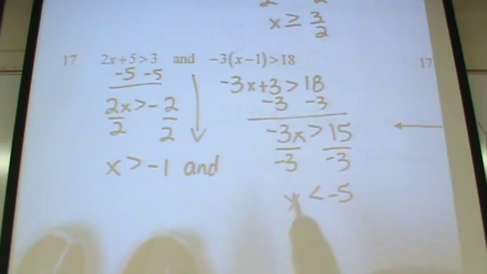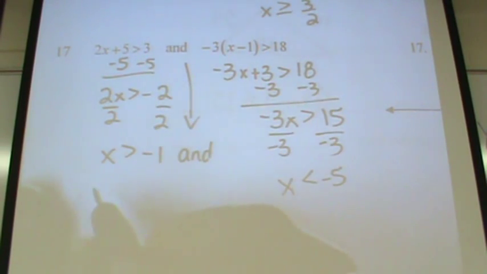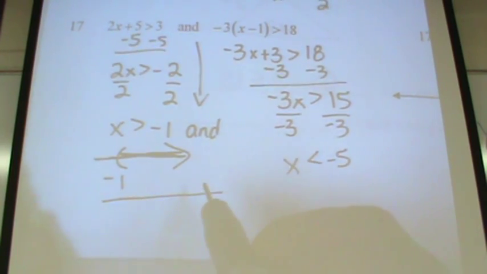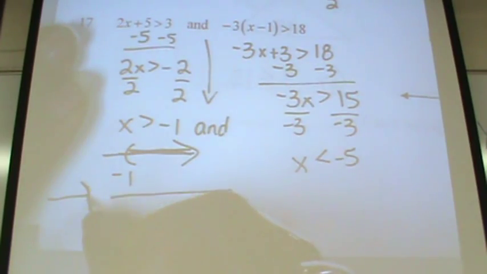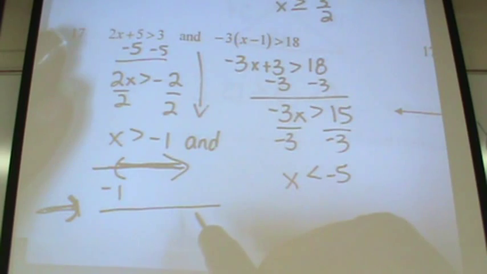So where are all of the x values greater than -1? Here's -1, this way. And where are all the numbers less than -5? Well, that's over here on this side. So that's going this way. This is an and problem, it's the intersection.